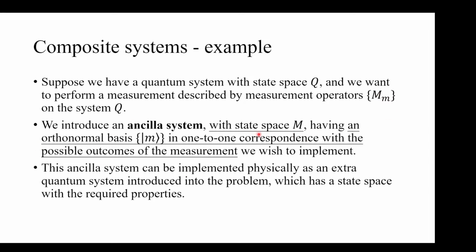Okay, so this ancilla system is where we are going to basically record our measurement outcome. So it has this orthonormal basis that has the same number of elements as the number of elements in your measurement set.